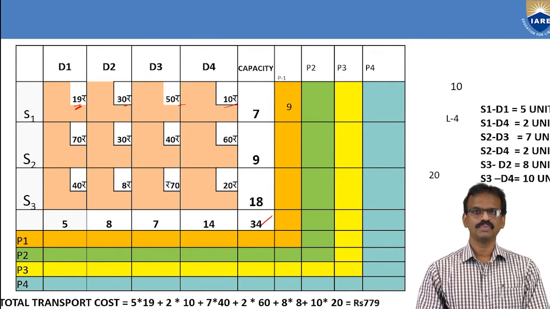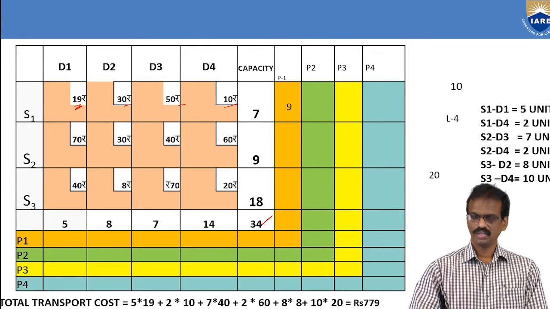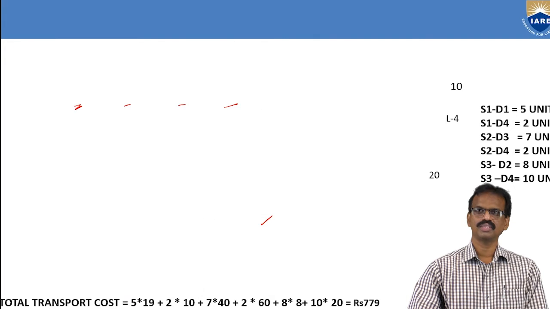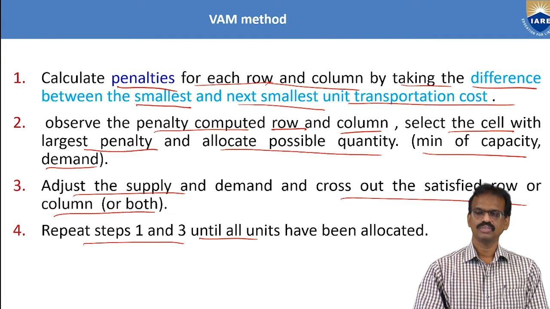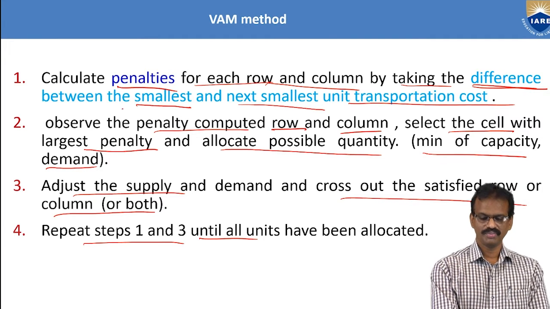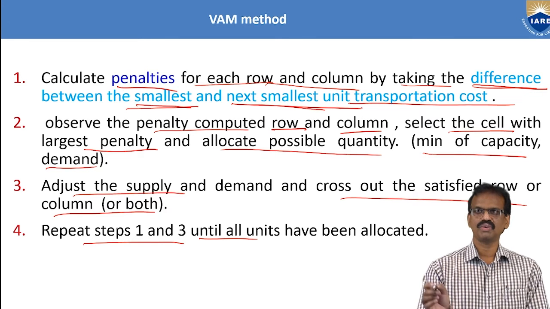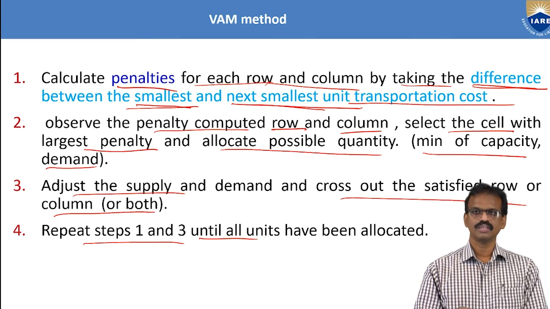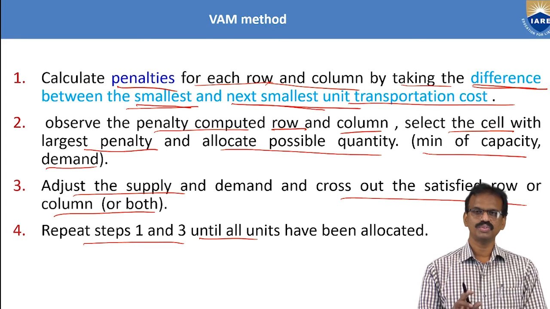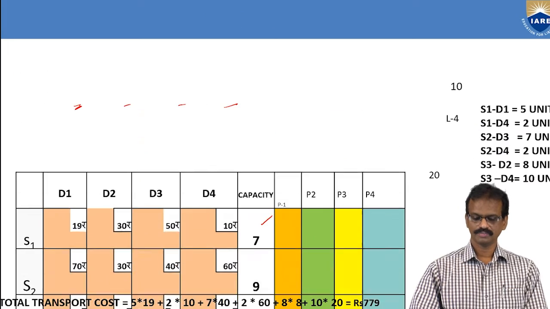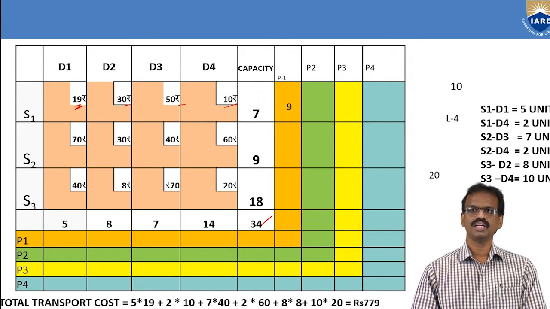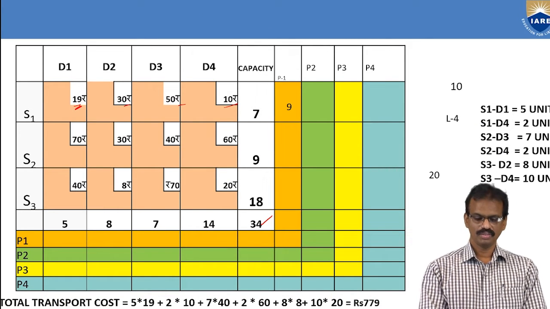So 9 is the penalty for the first row. I have already given the procedure steps here: the penalty is the difference between the smallest and the next smallest values. So 9 is the penalty for the first row.